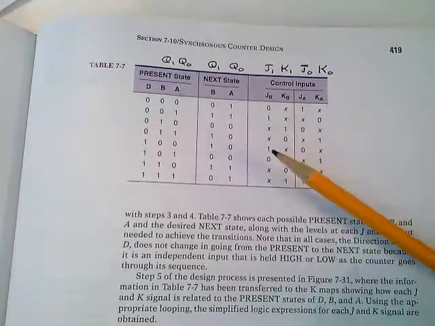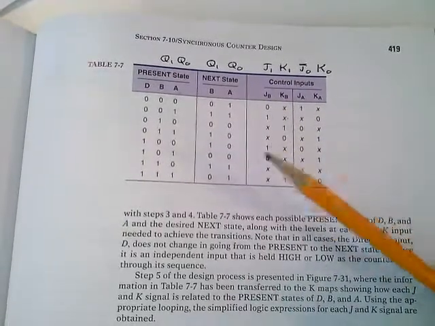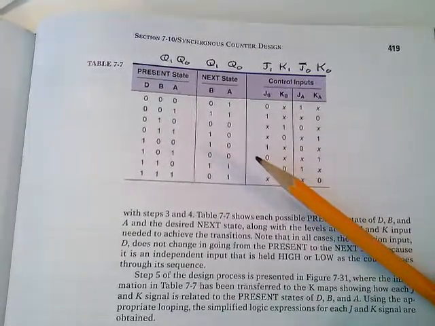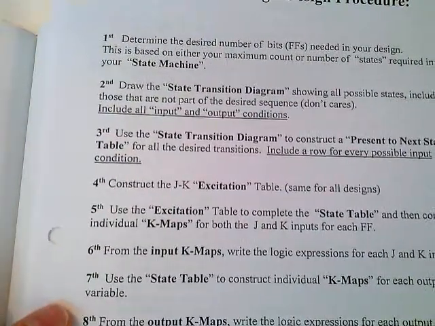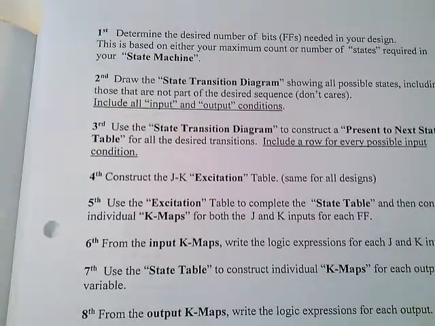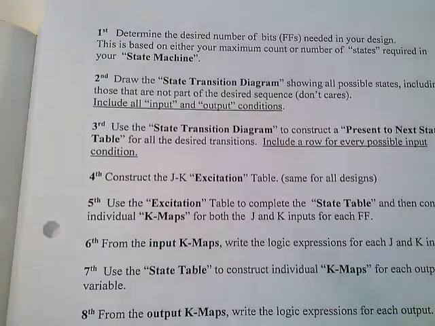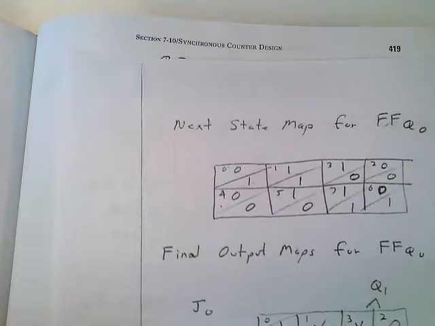But I want you to notice I'm doing something a little different starting in this design. In our synchronous logic design procedure, instead of having those present state to next state maps, we've been using present state to next state maps. And if you take a look at them, they look like this. You remember this?